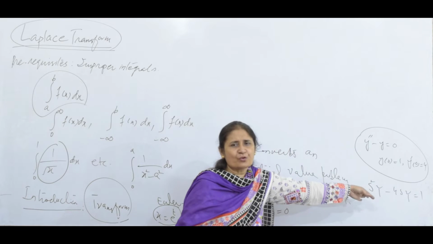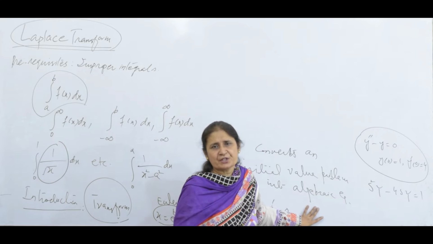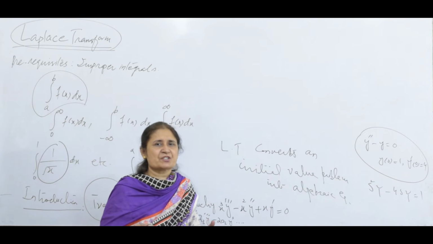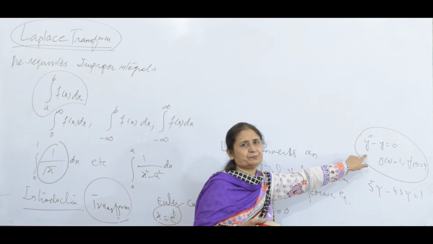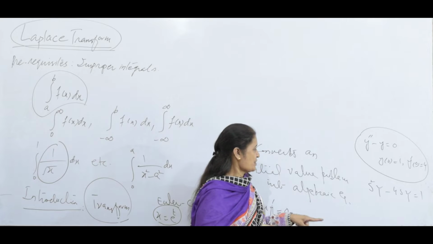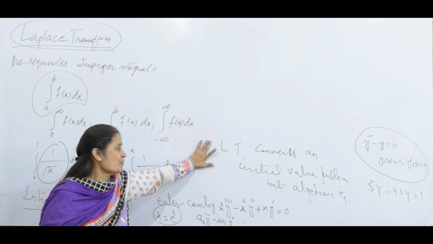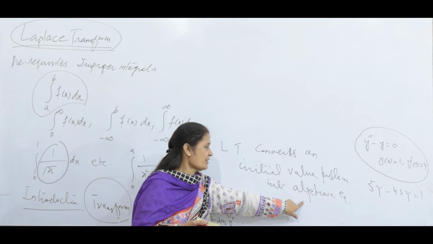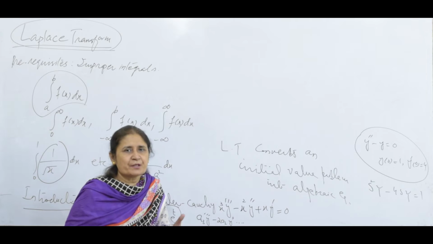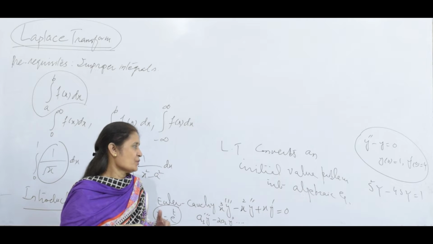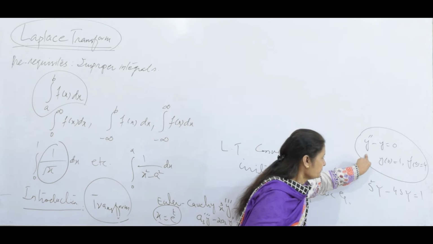So this is a sort of algebraic equation we are getting. We solve the algebraic equation, and by taking the inverse Laplace transform, we find the solution of this differential equation. So the Laplace transform converts an initial value problem into an algebraic equation, and you solve the algebraic equation. Then by taking the Laplace inverse, you find the solution of the initial value problem.